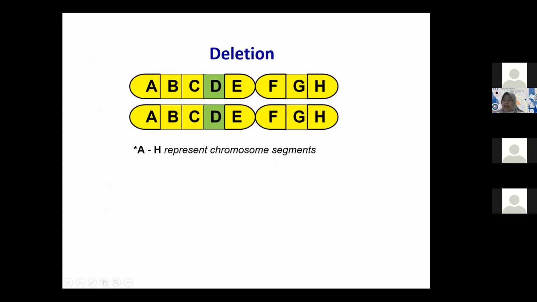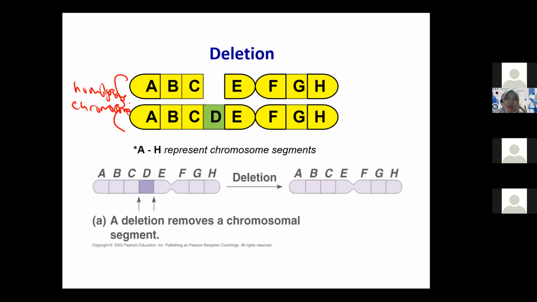Okay, example again, you can see this is a homologous chromosome. You can see fragment D of one of the homologous pair is lost through breakage. Dia tak melibatkan dua-dua, dia melibatkan satu sahaja of the homologous pair. Right? So what is the effect?